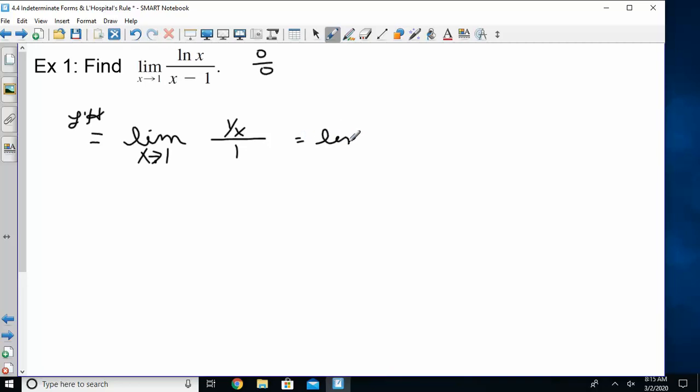Okay, so this is just the limit as x approaches 1 of 1 over x. Can you plug in a 1 there? Yeah, 1 over 1 is 1. So we simplified it to a point that we could reduce. Any questions?